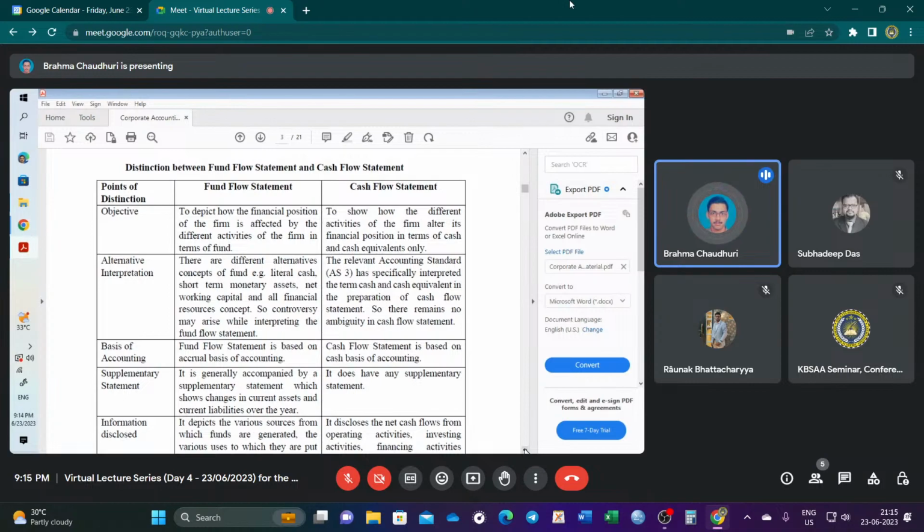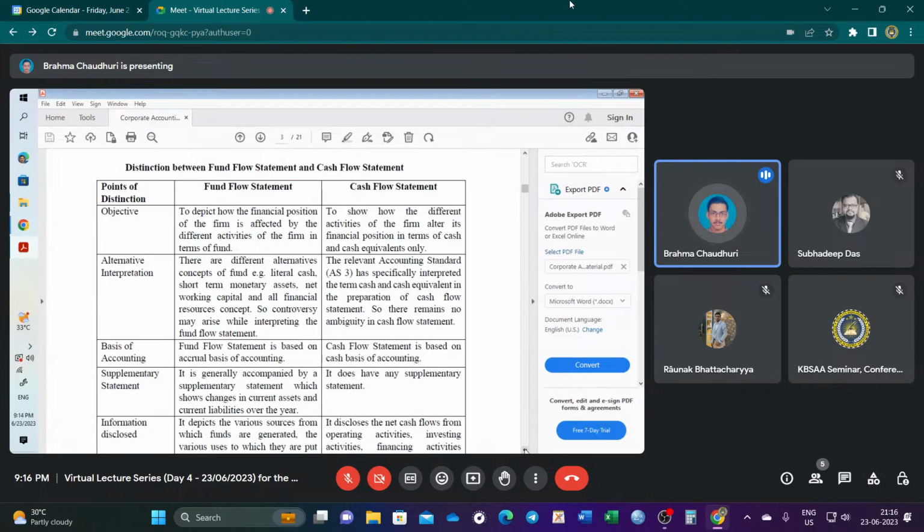Now, fund has been interpreted in several ways. It may be literal cash, short-term monetary assets, net working capital, or the all financial resources concept. But so far as the cash flow statement is concerned, as per Accounting Standard 3 or Ind AS 7, the definition of cash and cash equivalents has been clearly stated, and there cannot be any alternative interpretation.